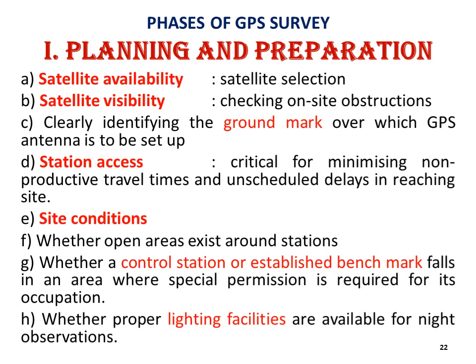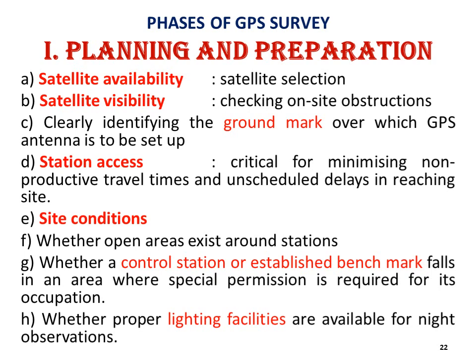For GPS surveying, all these parameters should be considered, like satellite availability, which satellites will be selected, and satellite visibility, whether any obstructions are there on site, which will be checked. Clearly identifying the ground mark over which the GPS antenna is to be set up is also done in the reconnaissance process.